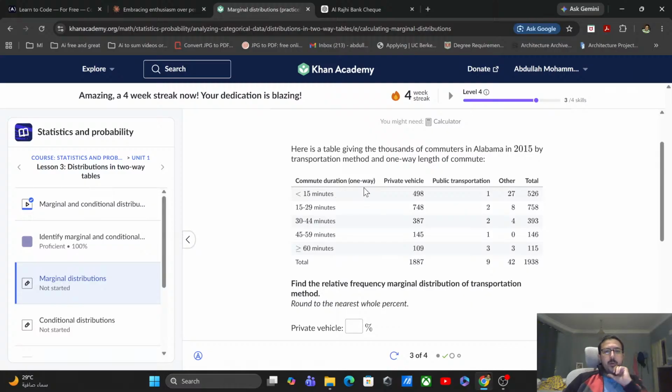Commute duration one way, private vehicle, public transportation, other, total. What does that mean? One way, 15 minutes. Commuters in Alabama, length of commute.